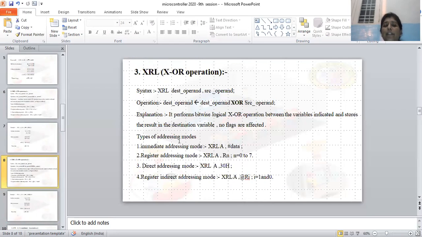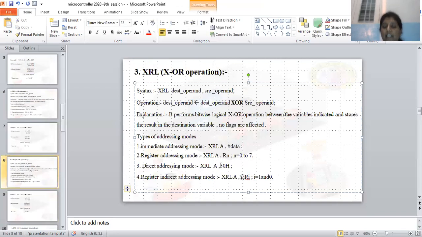Here are examples for different addressing modes. For immediate addressing mode, it will be XRL A, #data. For register addressing mode, it will be XRL A, Rn, where n is 0 to 7. For direct addressing mode, it will be XRL A, 30H. The 30H is a direct address.